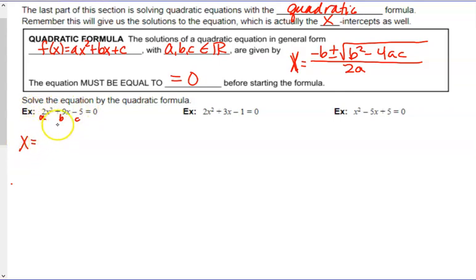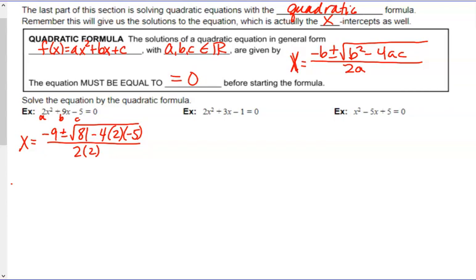All right, x equals the opposite of b, which would be a negative 9, plus or minus the square root of b squared, which is 81, minus 4 times a times c all over 2a. And those are our numbers plugged in. It is just a formula, just like if you were doing the area of a rectangle or the perimeter of a rectangle.